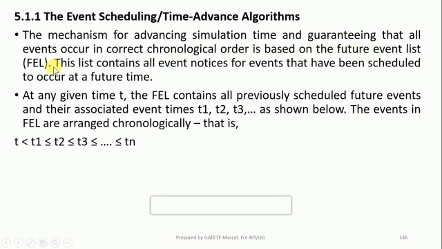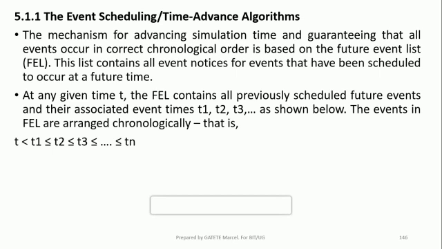So to do so, we have to have two things. We have to make sure that the events will occur in a correct chronological order, but which is based on a future event list. It means that to order the events which are about to occur, we have to have a future event list, a list of events which are about to occur.